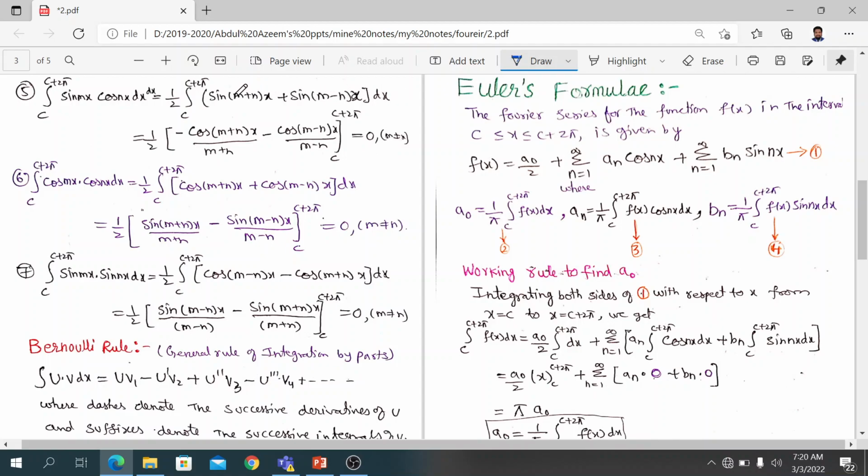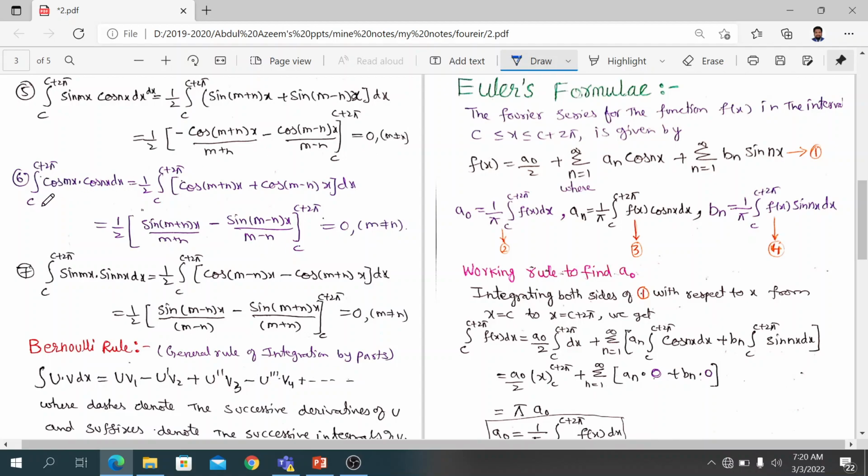So 1 by 2 as it is, the integration of sin is minus cos (m plus n)x by (m plus n), minus the integration of sin, minus cos (m minus n)x by (m minus n), in the interval c to c plus 2 pi. If we apply the limits, we will get 0 where m not equal to n.